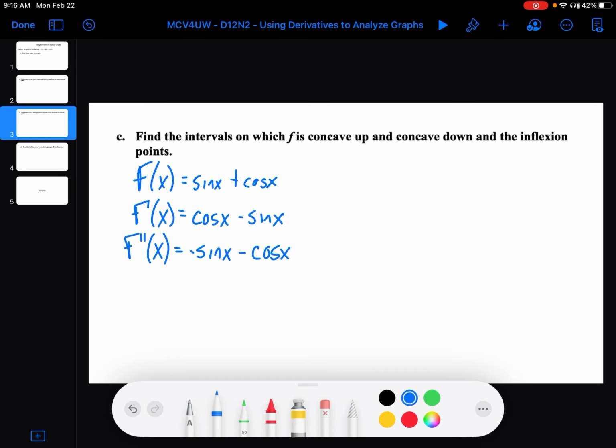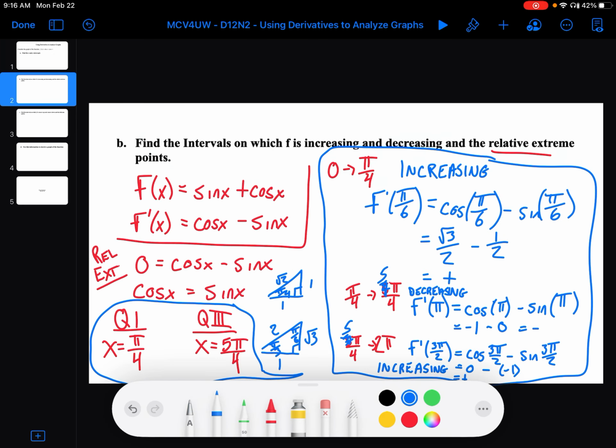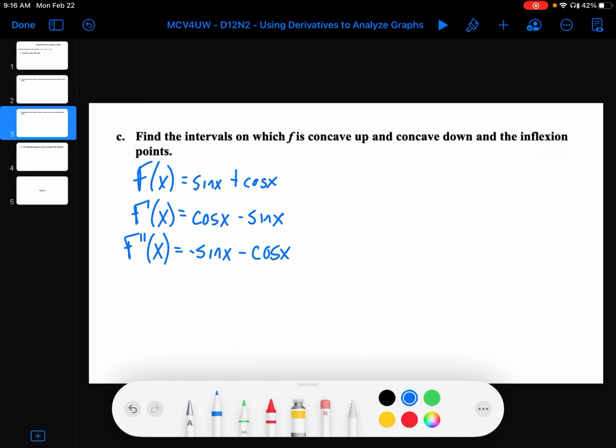So going back to this graph, we're going to check pi by 4 because that was from this here. We're just checking our extrema. So we've got f double prime at pi by 4 equals negative sine of pi by 4 minus cos of pi by 4.